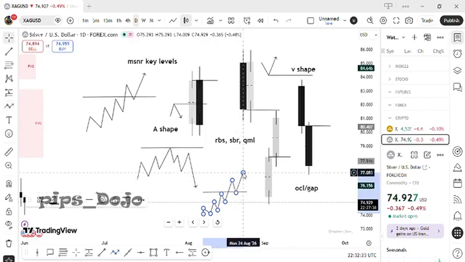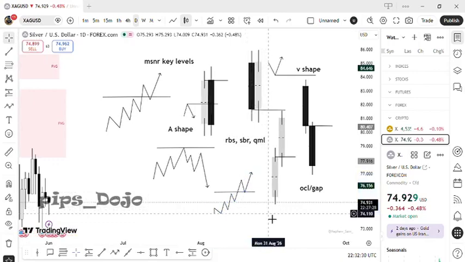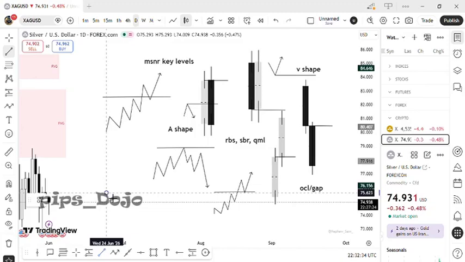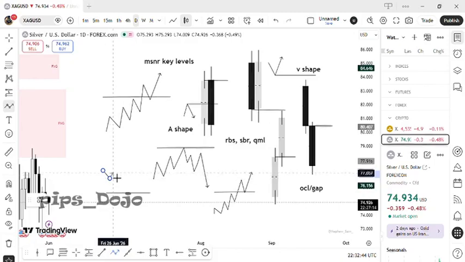Then the SBR is similarly the vice versa kind of movement, which is going to be something like this. Let's say this is a support. All right, so we see price falling, and we have something like this. Hope you're familiar with structures.